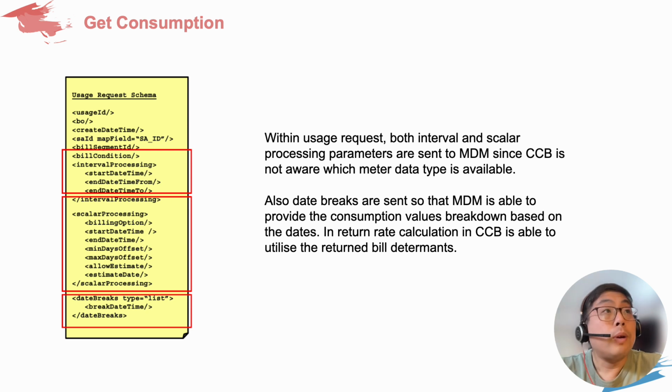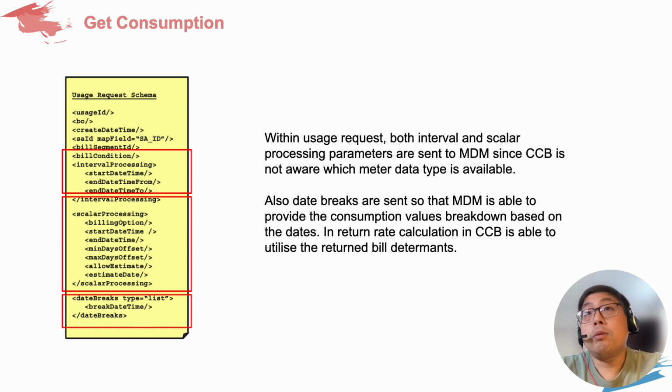MDM could also add, not say add date breaks, but it could have cases where the consumption will be broken down, because even if CCMB doesn't request a date break, the MDM has a meter exchange during this period. So you would actually have two consumptions coming back. If they're different devices, they're different consumptions, so you will have two lines of consumption coming back for the whole period.